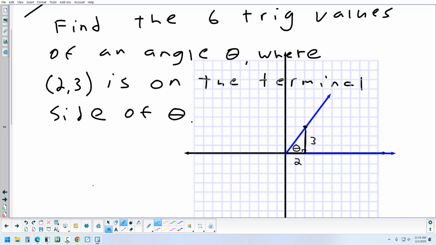The hypotenuse. What's 2 squared? 4. And 3 squared. 9. And what do you get if you do 4 plus 9? There you go. So no, it looks like it's worded a little different. We're still doing exactly the same thing we did yesterday. Okay. What would the sine be?